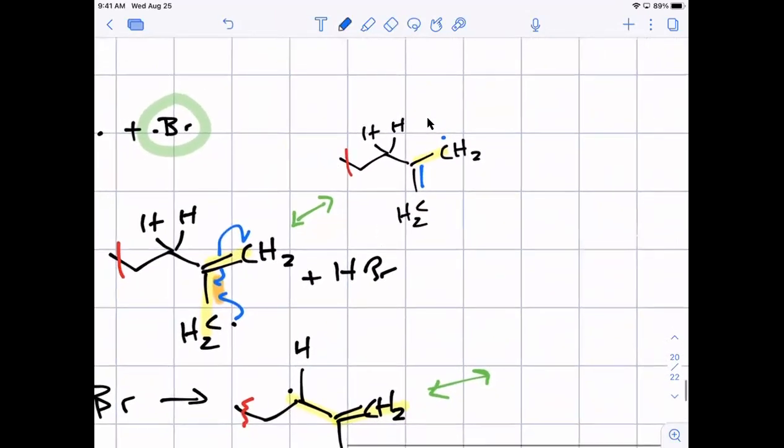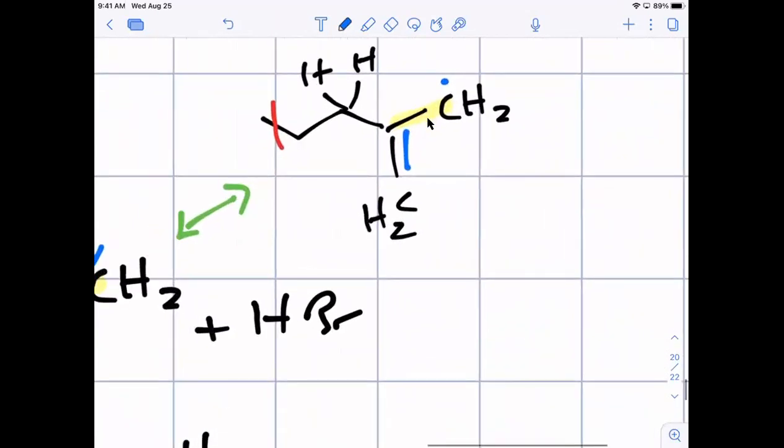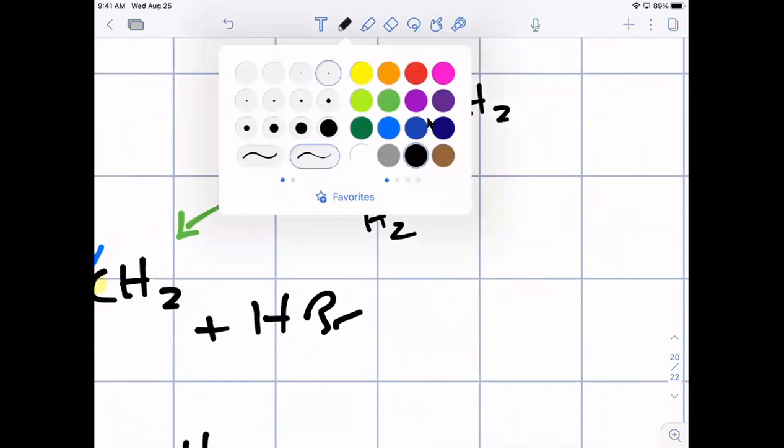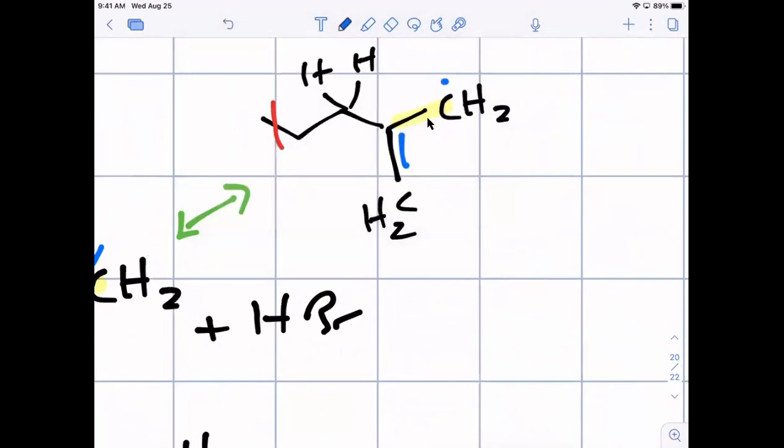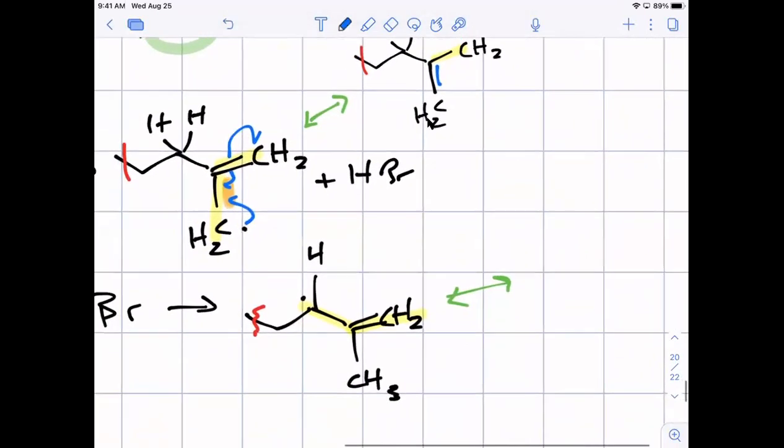Is that what those resonance arrows will indicate? Yes, sir. Like that. So that's one resonance form, based on this allylic radical right here. We'll call it A.